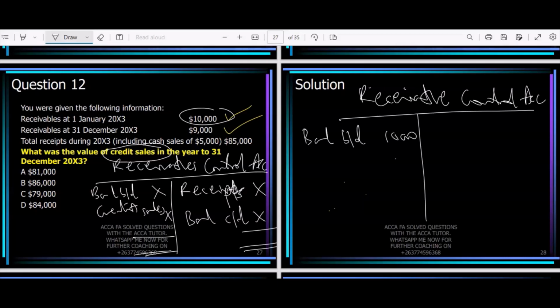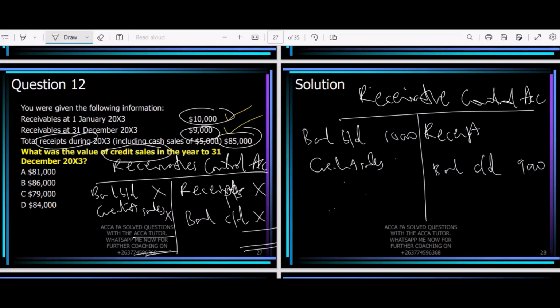And the credit sales, this is the figure which we are looking for, so we leave the place blank, and then let's slot in other figures. These are the closing receivables, so balance CD was 9,000. And we are told that the receipts from customers, the 85 is including the cash sales of 5,000, so they should be deducted. So we only have 80,000.